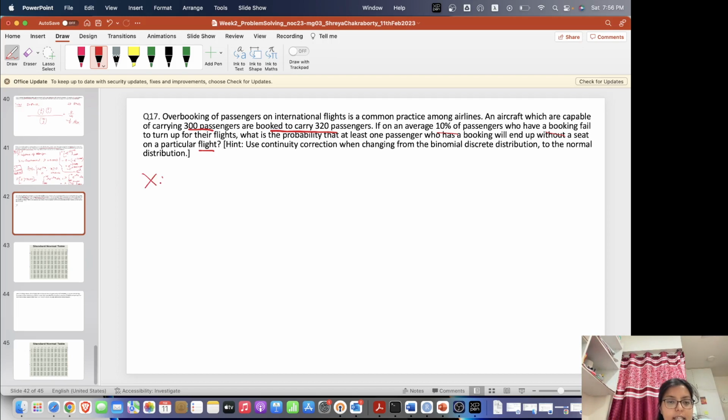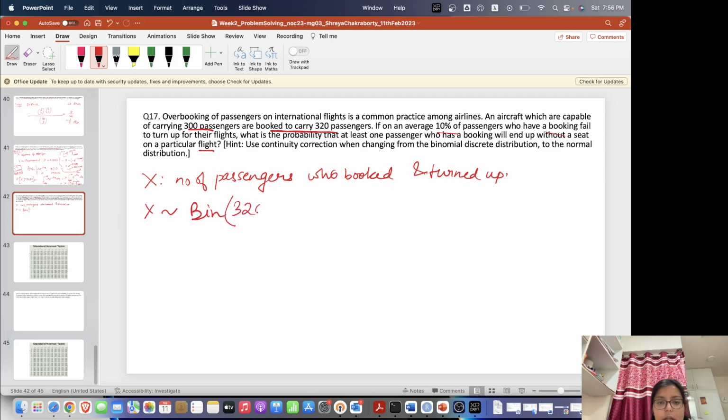So let X denote the number of passengers who booked and turned up. X follows binomial with n = 320 and p, where p is the probability of booking and also turning up.